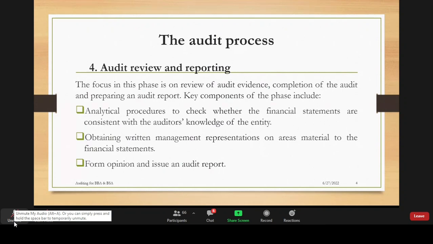If they do, then you've tested the control, you've ascertained that it is there. But it may not give you good evidence, not until you probably attend a stock take. Now that is a substantive procedure. Substantive procedure goes deep, it is more detailed compared to a test of control. Have I answered your question? Was it Andrew? Yes, sir, very clear.